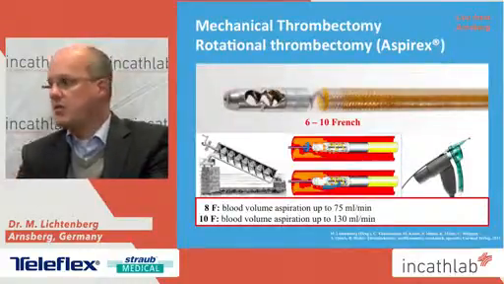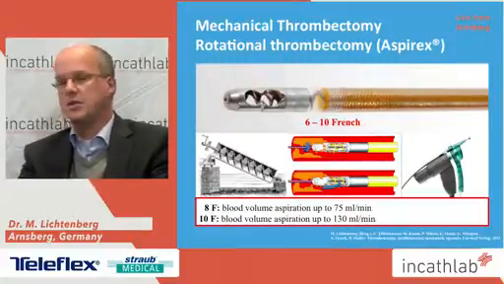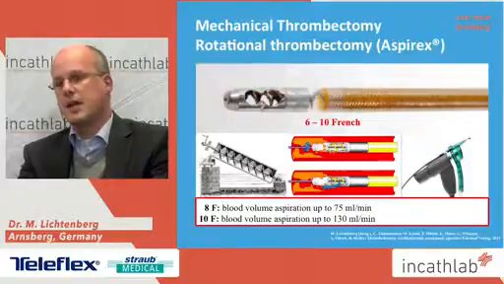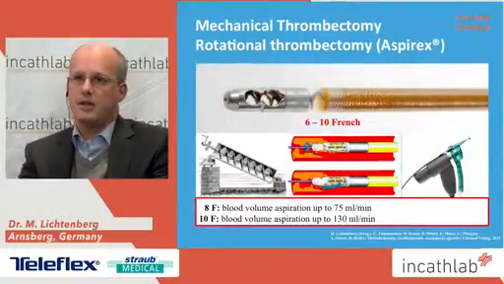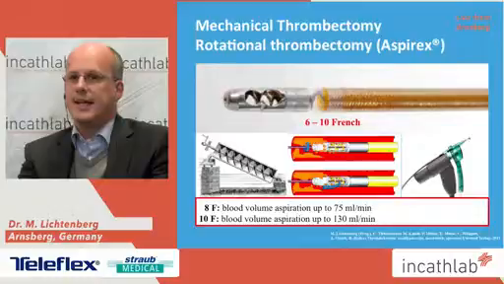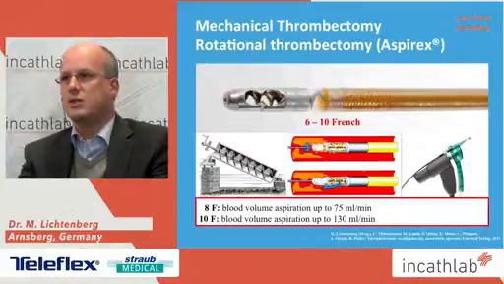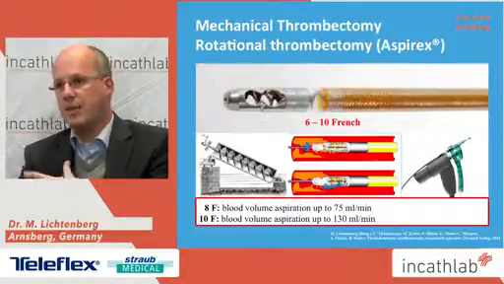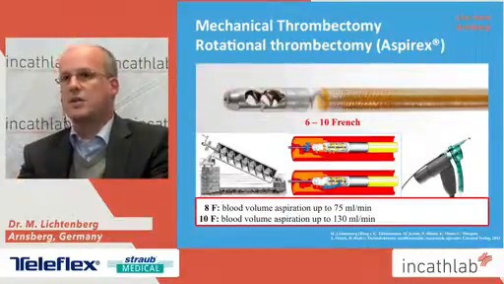And besides the Rotarex device, which Markus already introduced to us, there is the Aspirex device. The difference between the Aspirex device and the Rotarex device is that the Aspirex device has no turning tip, so that there is no chance of harming a vein during thrombectomy.